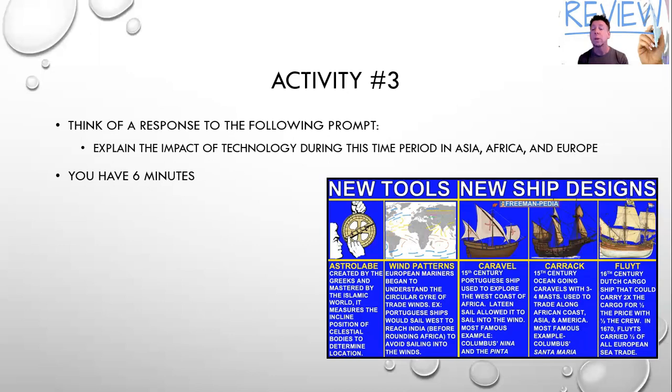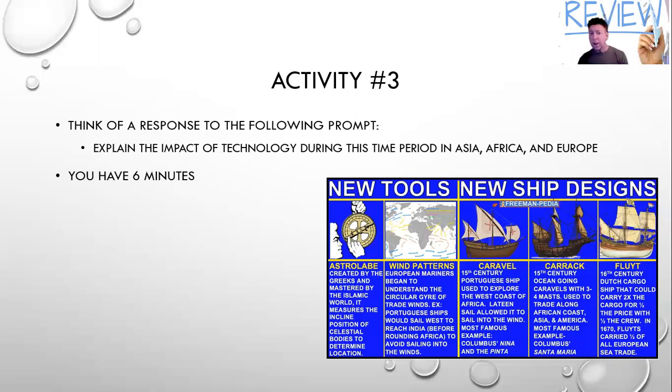So you want to make sure you can hit all three, because you never know what is going to be on the test. It may say technology in the Islamic Empire during this time period. It may say technology in the Chinese empires, or it may say technology in Europe during the Maritime Revolution. It may just say technology in the Maritime Revolution as a general prompt, and then you have to go through and give examples.